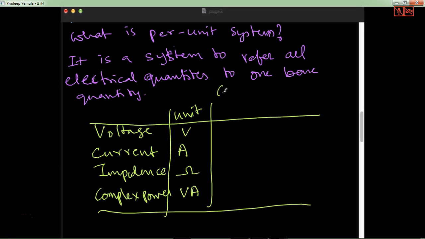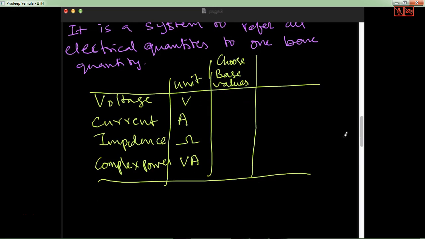So choose base values. Out of four, you choose any two base values. So let us, out of these four, voltage, current, impedance, and complex power, you can choose any two values. So, for example, I am choosing the complex power base value as, let's say, 1000 volt amperes.